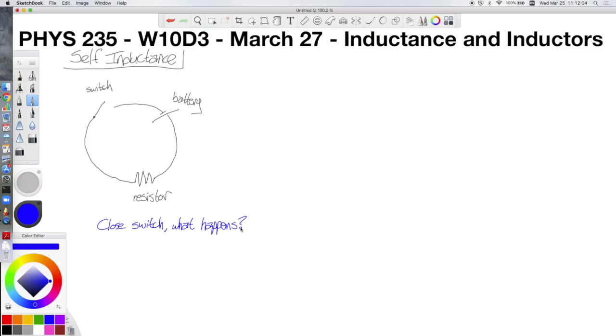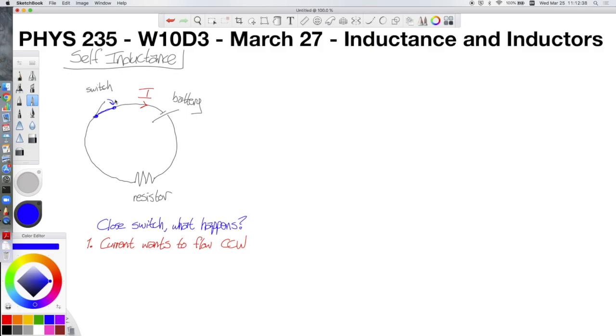Well, if we close the switch, the first thing that happens is that current wants to flow, and current wants to flow in a direction that is clockwise. So once we close that switch, I'll draw that closed switch in blue. Current wants to flow clockwise.